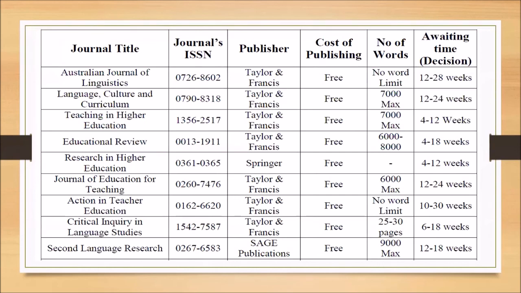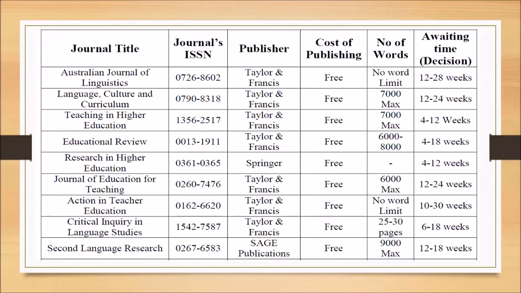It's very important to look at that as well, because each journal has a particular scope. Let's say my topic is about hearing impairment students, and I look at, for example, a journal called Action in Teacher Education.